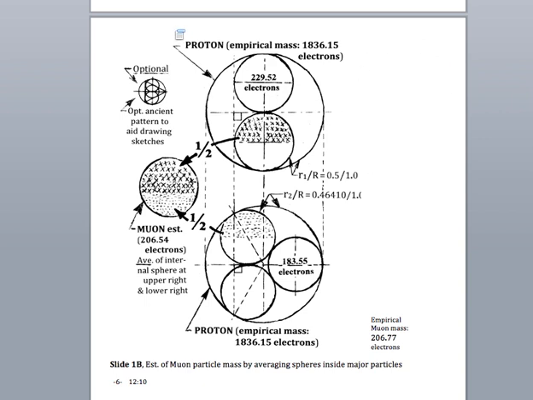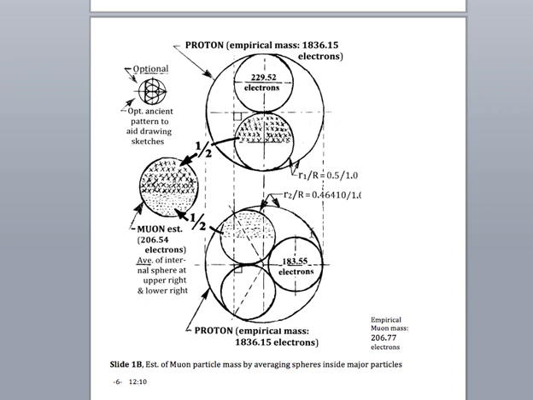Now we sort of reverse the approach, and we start with 2 large proton-sized spheres, each representing 1836.15 electron masses. Now, using medium-sized spheres, we draw 2 equal spheres inside the proton near the top of the page, and 3 equal medium-sized spheres inside the proton near the bottom of the page.